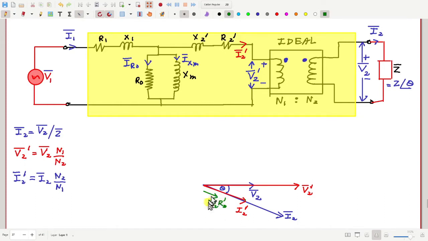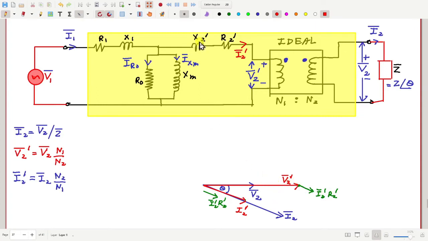Let me draw this phasor starting from the tip of V2 prime here. This is parallel to this I2 prime R2 prime. Okay.